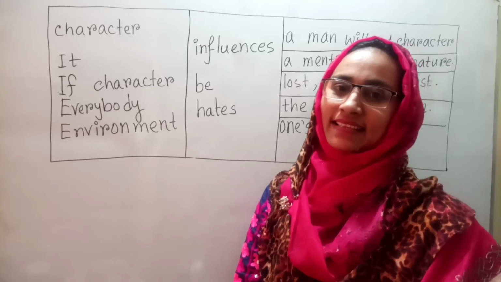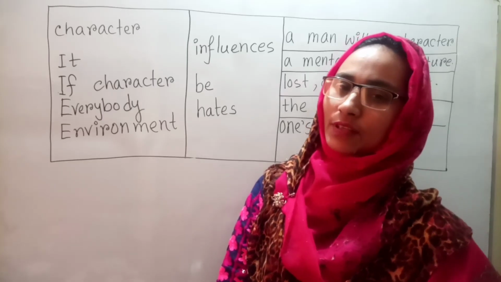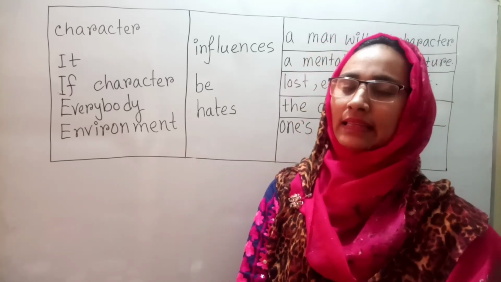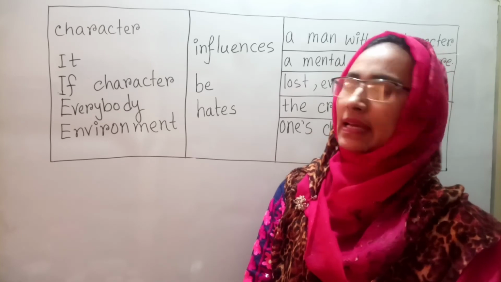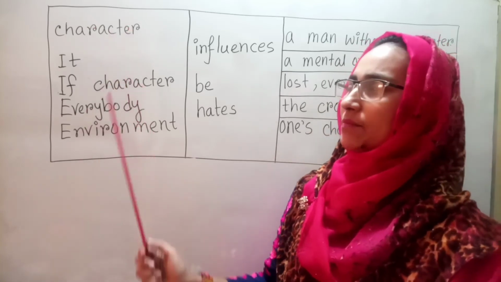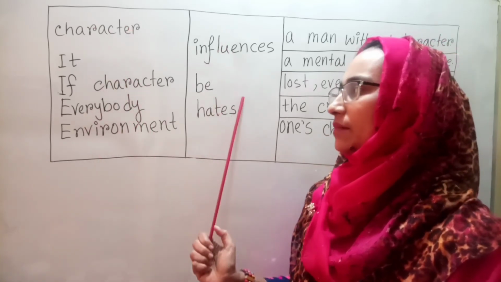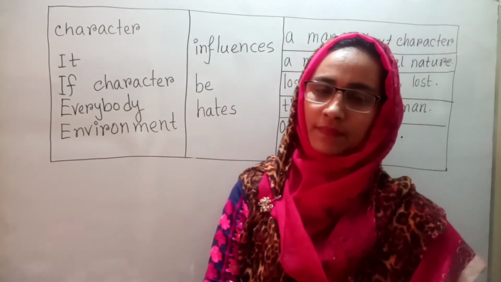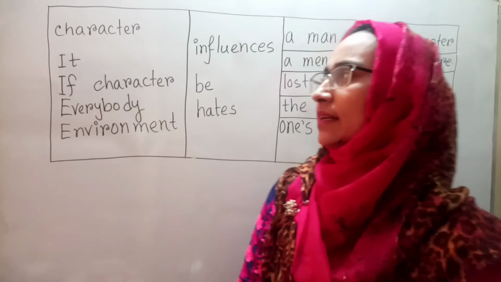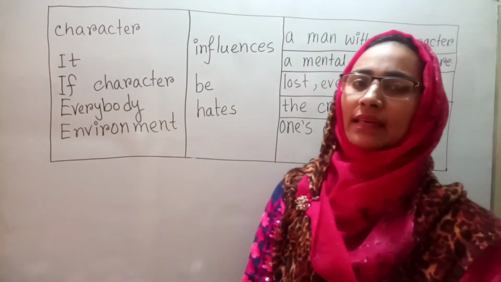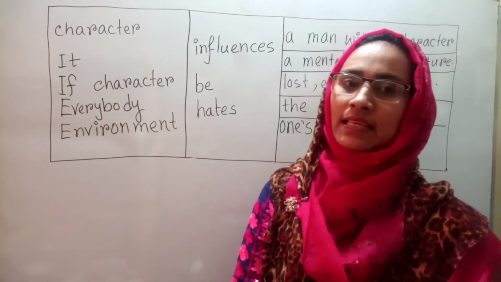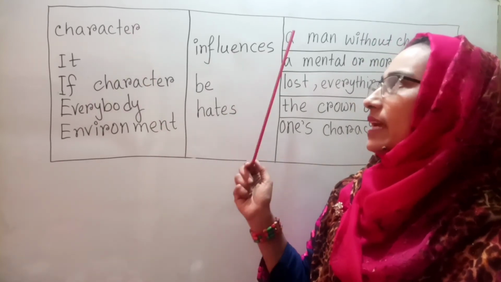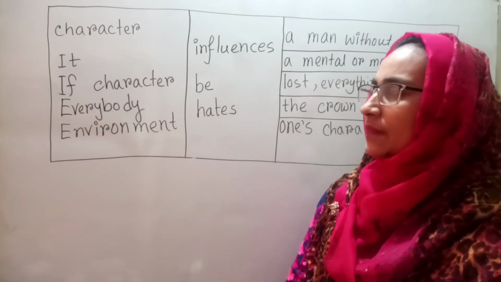Dear learners, I have already told you that in a substitution table, there are three parts. In the first part, you will get subject, in the second part, verb, and in the third part, extension. So if you want to make a meaningful sentence, you need to add subject plus verb, then extension.